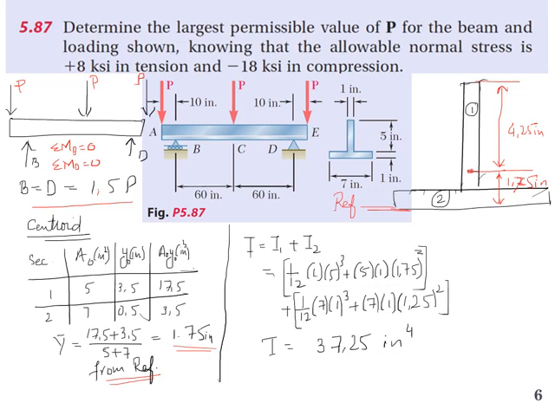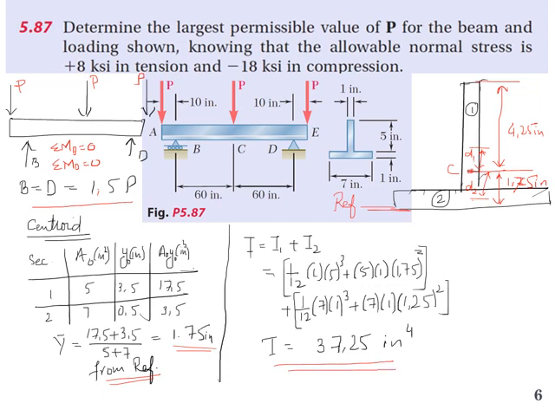That is the distance from the centroid of this composite section to the centroid of section number 1. This is my D1, and similarly this will be my D2. And I2 will be 1 by 12 BH cube plus area into D2 square, and D2 is 1.25. So the total value of I is 37.25 inch to the fourth.